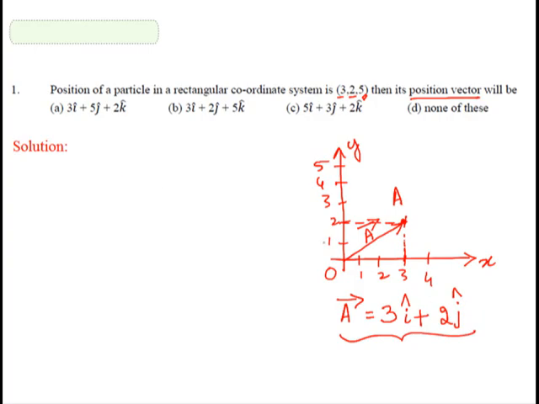If there was a third axis as well, then we should have written vector A as, it spans 3 units along x-axis, 3 i cap, 2 units along y-axis, so 2 j cap, 5 units along z-axis, so 5, unit vector along z-axis is k cap. Okay, so this is the answer. So the right option for this question is option A.